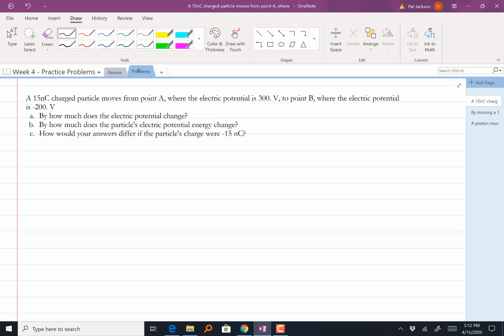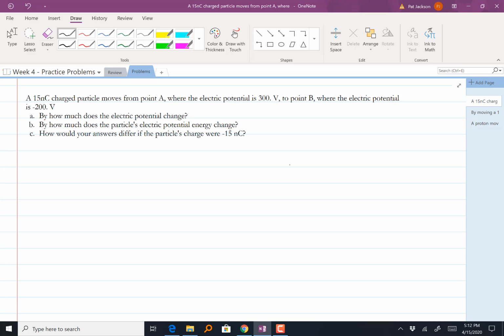Alright, so for this first problem, I've got a 15 nanocoulomb charged particle moving from point A, where the electric potential is 300 volts, to point B, where the electric potential is 200 volts. So let's get started with just writing down a diagram for the situation.